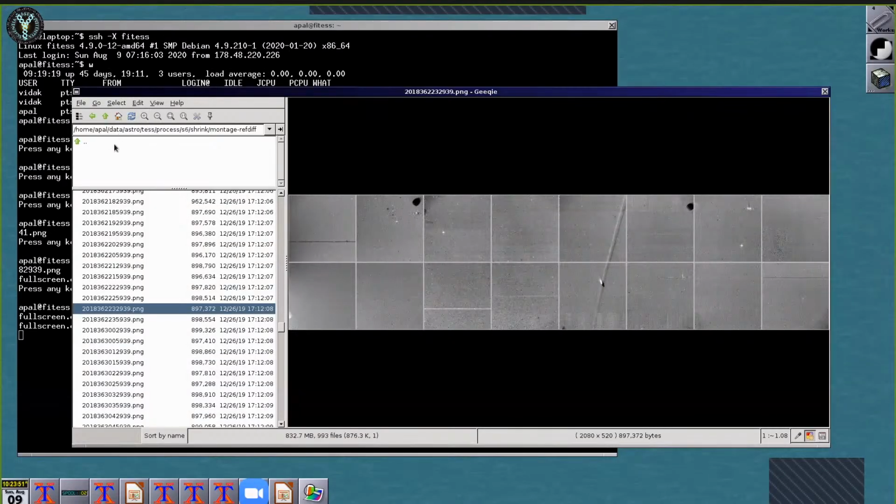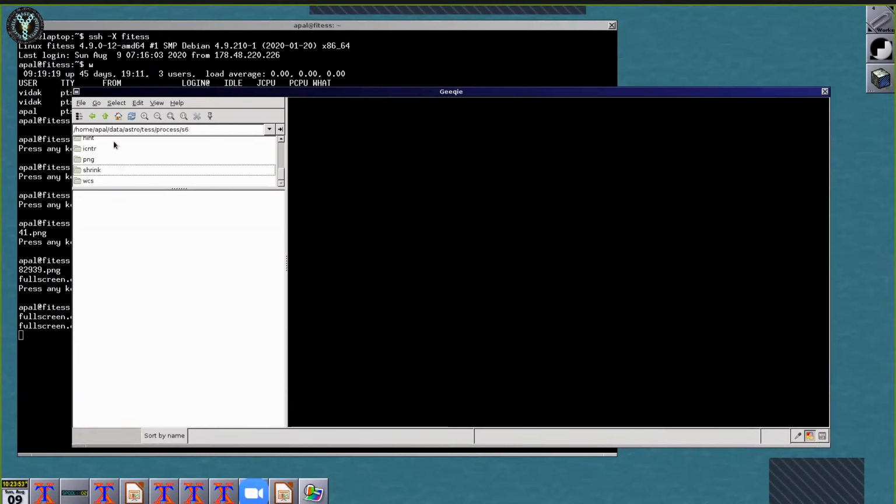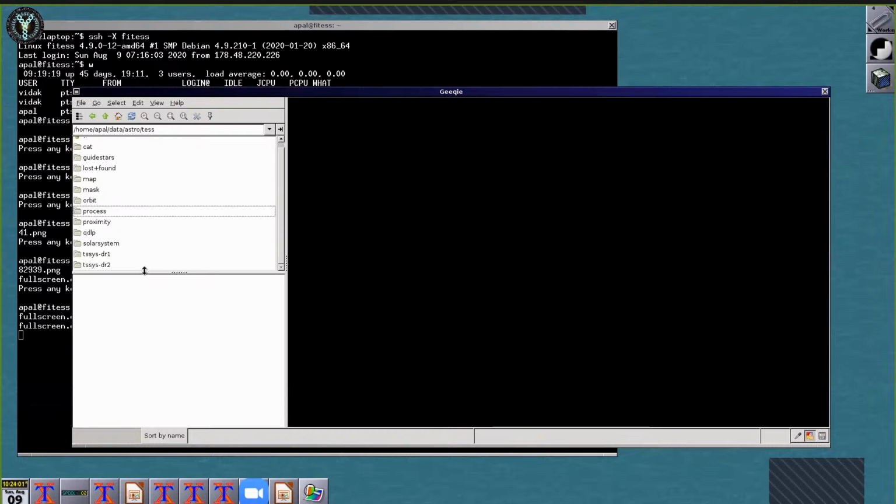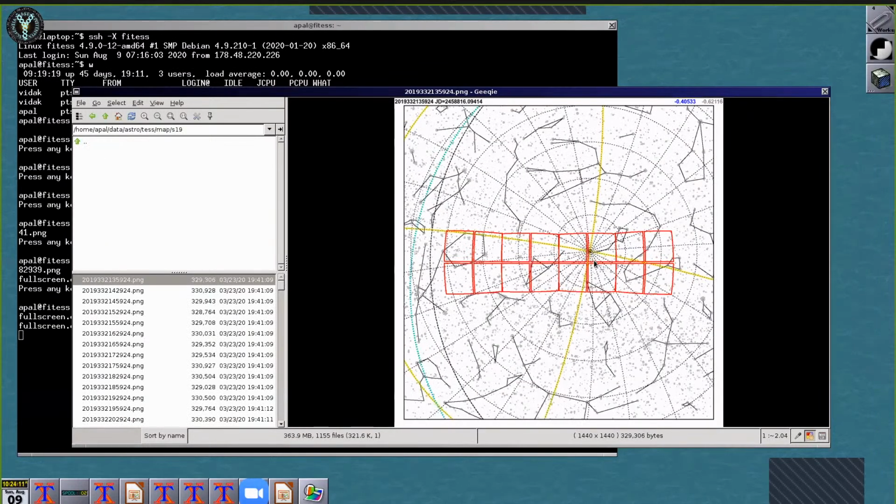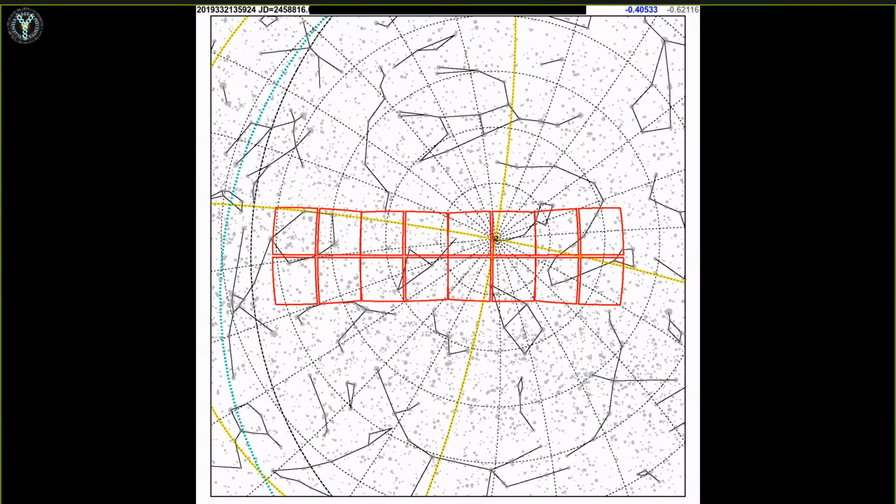And I would like also to show you something else. How does this look on the sky? So this is a sky chart from sector 19, from the northern hemisphere.